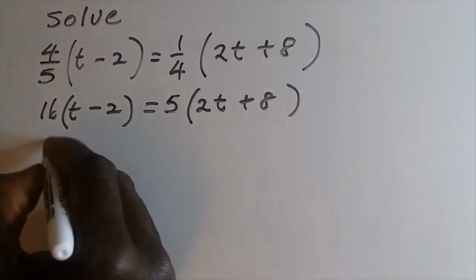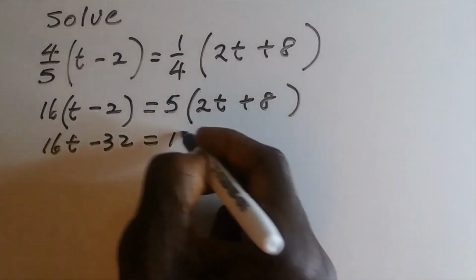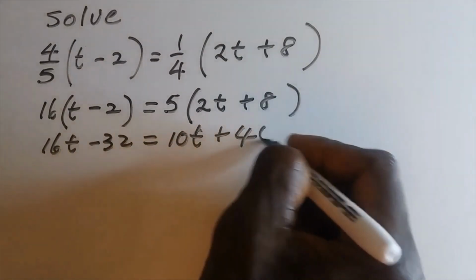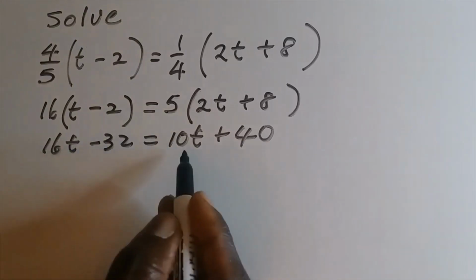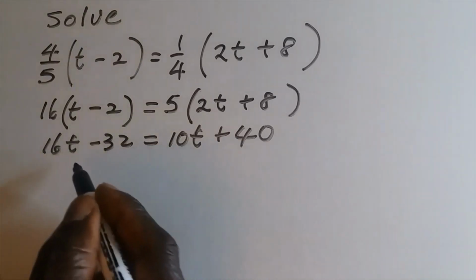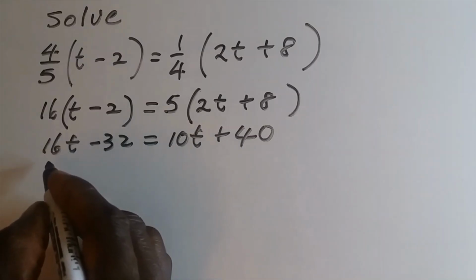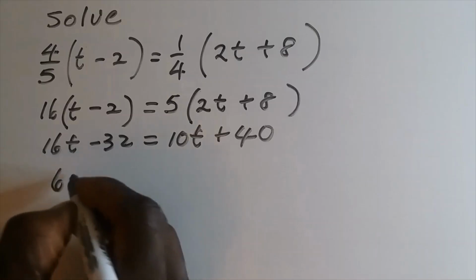Now we can clear the brackets. 16t minus 32 is equal to 10t add 40. We can rearrange and group like terms. So we'll have the 10t move across to this side, will become negative 10t, and added to 16t will give us 6t.